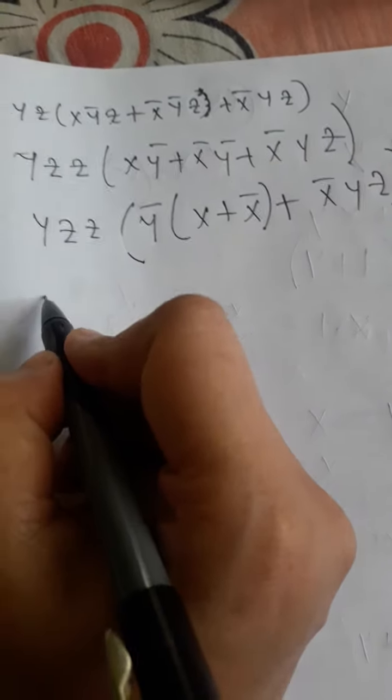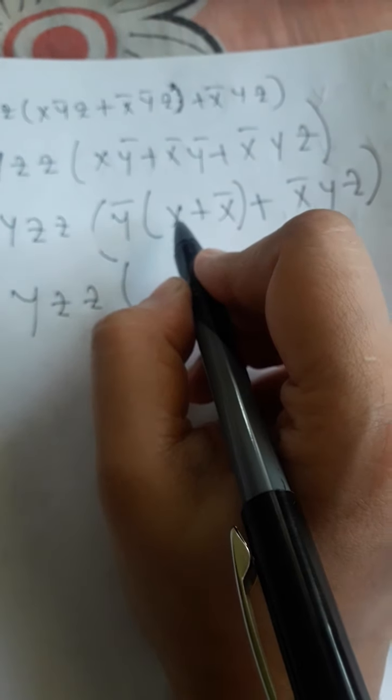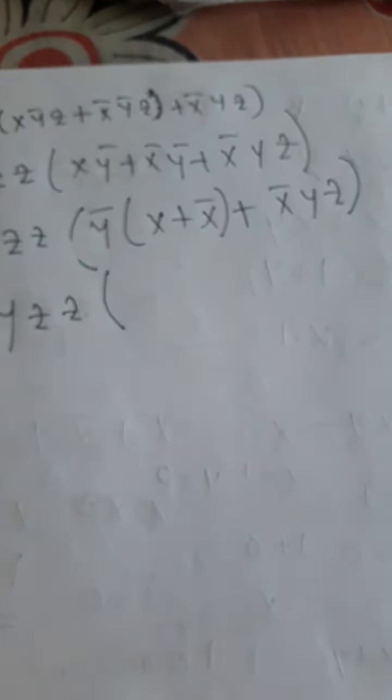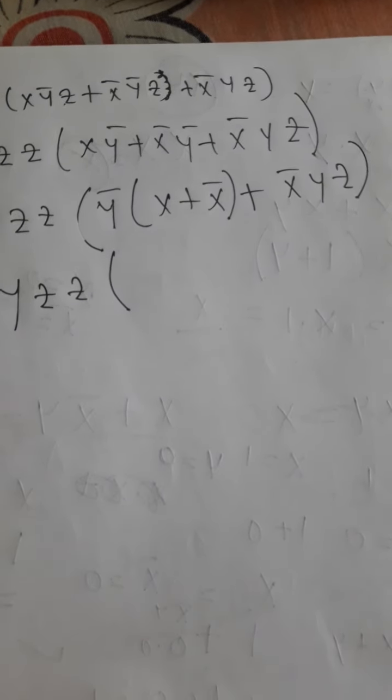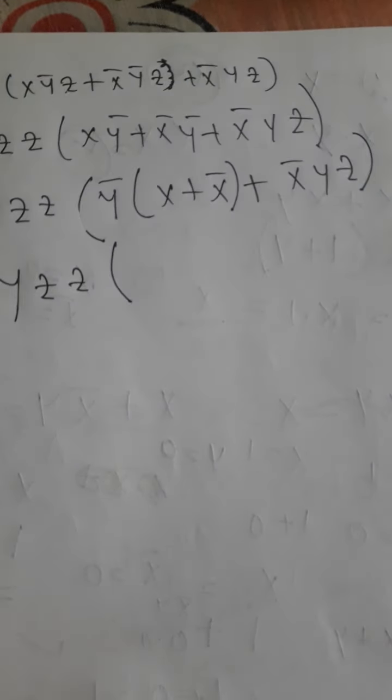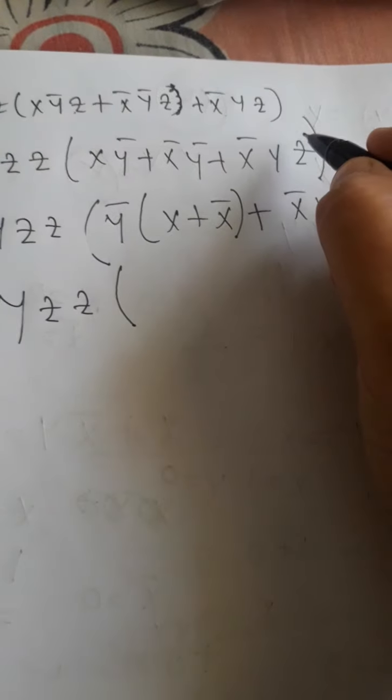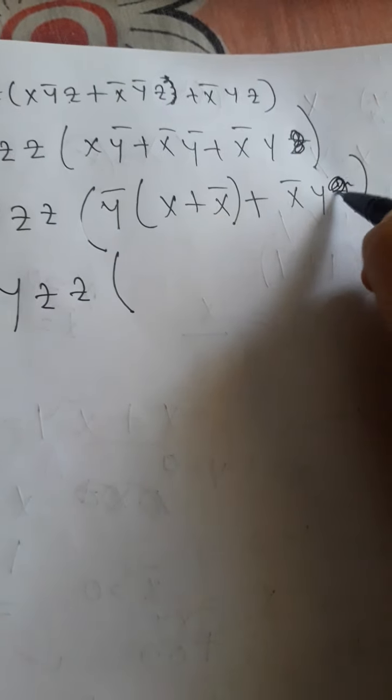Now, what we have learned is that x plus x bar value is always 1. Sorry, I have already taken z as a common part, so here there will be no z. Sorry, it's my mistake.